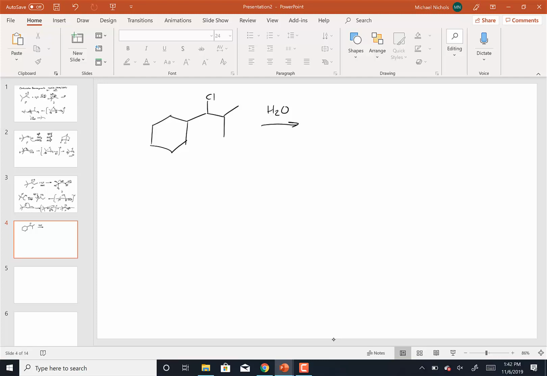Okay, so first step in the mechanism. Form the carbocation by breaking the carbon-chlorine bond. We always miss that part. Okay, carbocation. We want to do rearrangement. So, if I put my hydrogens in, which hydrogen do you want to shift? Left one?